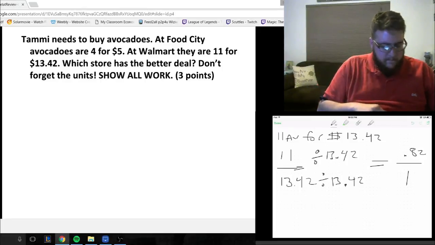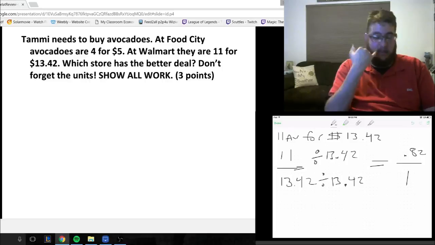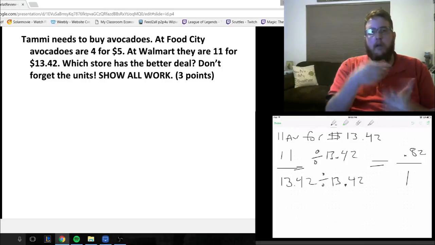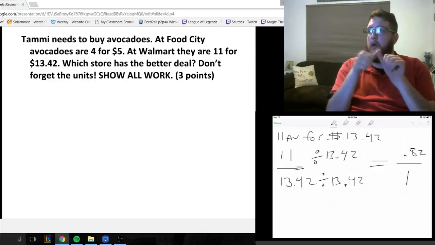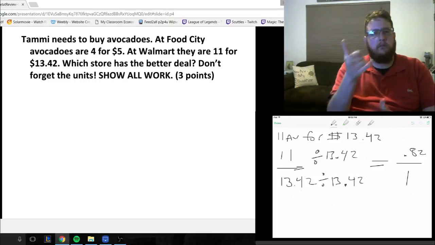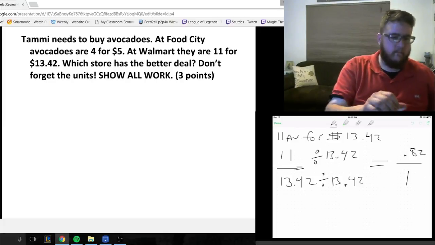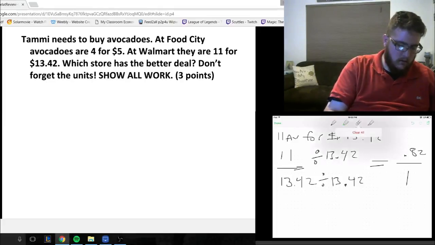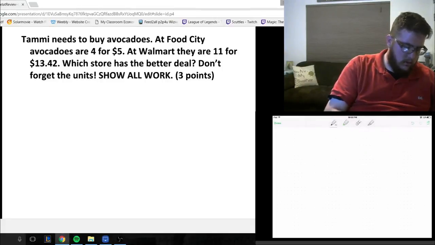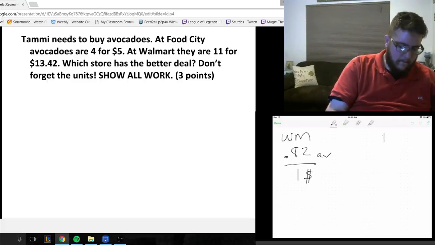So what this is saying is that at Walmart, for each dollar I have to spend, I can buy 0.82 avocados. So now I have to remember Food City's unit rate and Walmart's unit rate and compare them to see which is a better deal. So Walmart is offering us 0.82 avocados per $1, while Food City is offering us 0.80 avocados per $1.